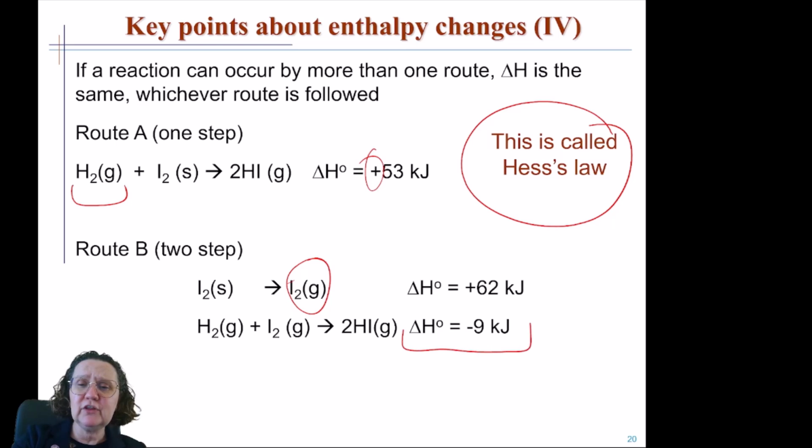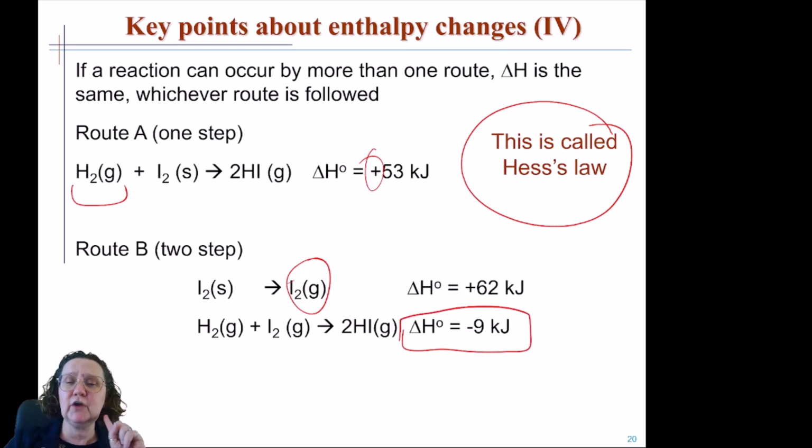And actually the reaction is slightly exothermic, while if you had made the reaction with the iodine in solid form, the reaction is endothermic. But transforming the iodine from solid to gas form is an endothermic reaction, 62 kilojoules.